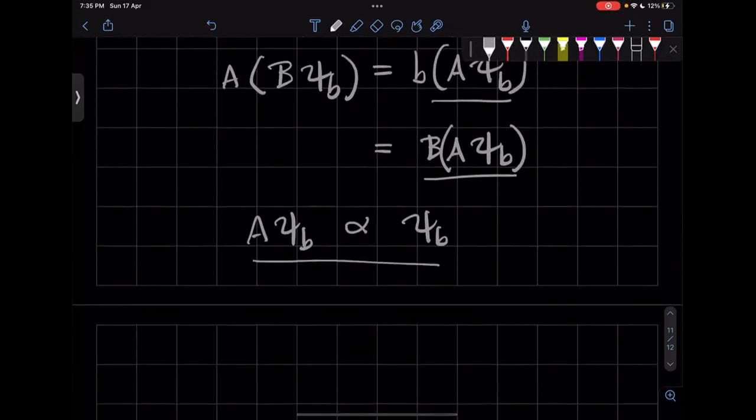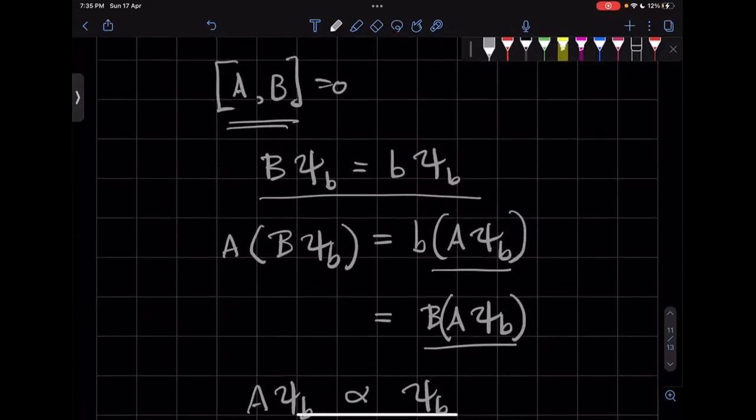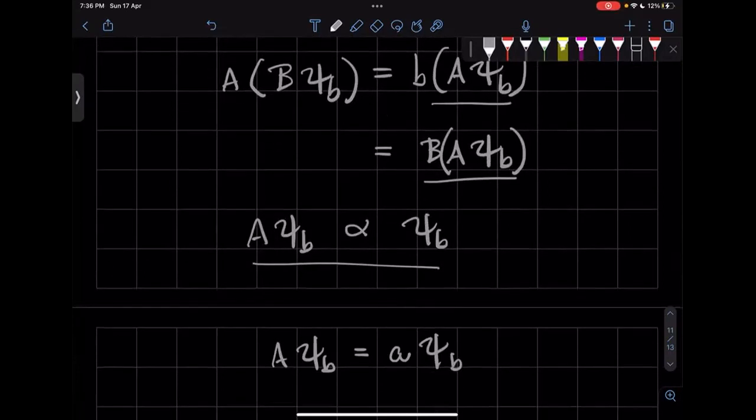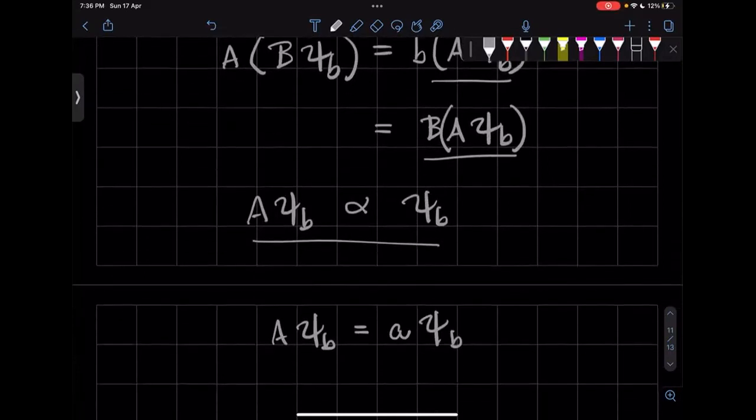So what does this mean? This means that A of psi_b equals some proportionality constant times psi_b. So we see that if A and B commute, and psi_b is an eigenvector of the operator B with the eigenvalue b, then it's also an eigenvector of operator A with possibly some other eigenvalue a.